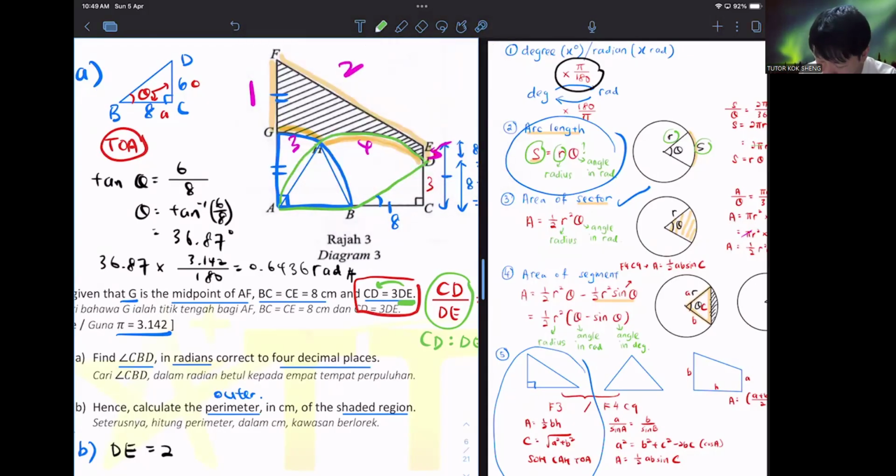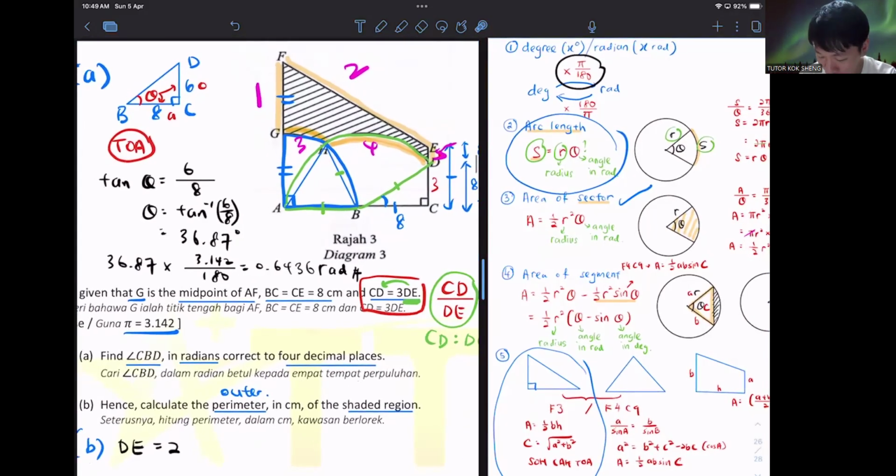Green color first. You know that BD is a radius. Same thing for this line, also a radius, and same thing for HB. So now, not sure you can see or not, we can find the length already. These three are the same.